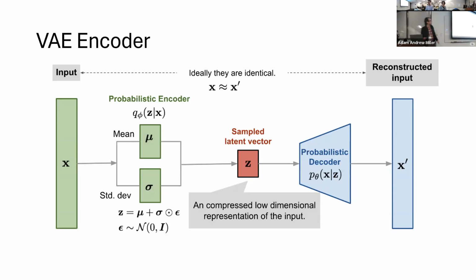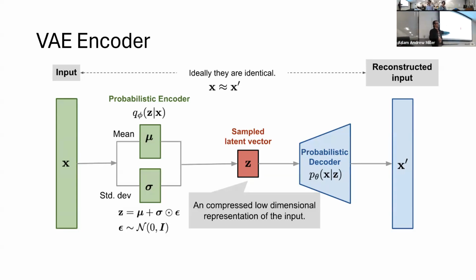Something I don't think I made very clear in this set of slides, but is really important, is that when we're doing machine learning, we always have some loss function. We're always trying to optimize our ability to reconstruct the data. So the loss function has two terms. One term is basically how different the output images are, in our case, compared to the input images.